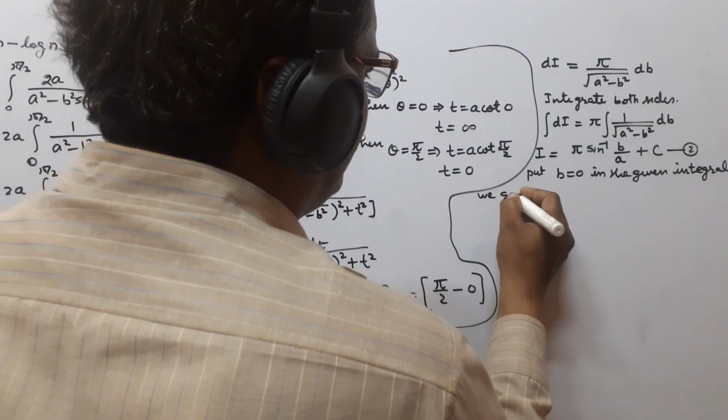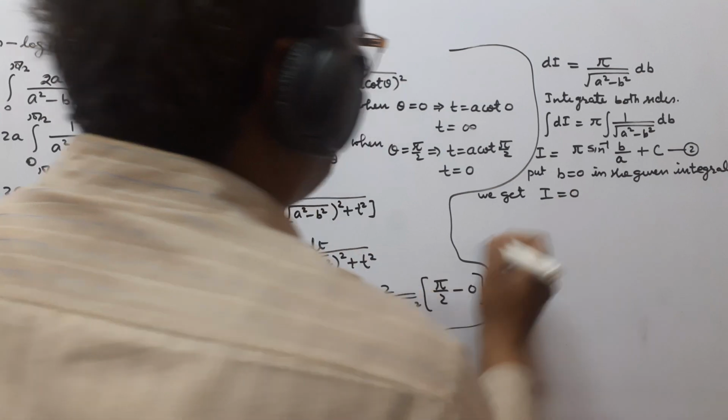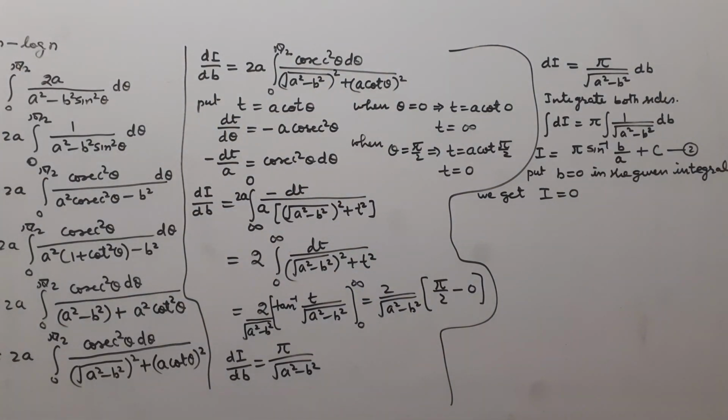We get I is equal to 0, because the given integral is log of (a plus b sin theta) upon (a minus b sin theta), multiplied by cosec theta, integrated from 0 to pi by 2. If we put b is equal to 0, we get log of (a plus 0) divided by (a minus 0), that is log a by a, that is log 1, and we know that log 1 is 0, so I is equal to 0 here.